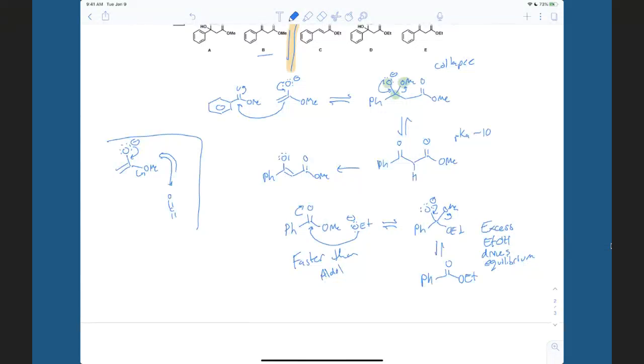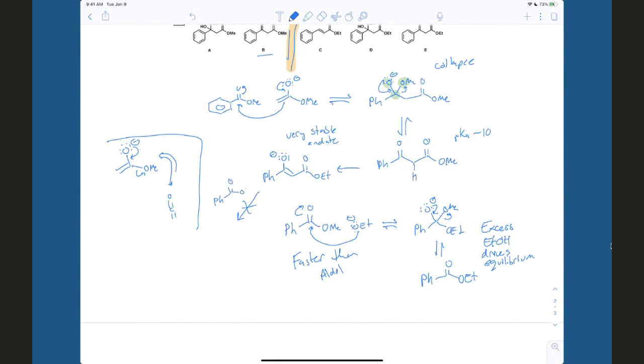And so at the end of the day, we won't have this methyl ester, right? We're going to end up having an ethyl ester here. And now we have a very stabilized enolate. And this will not be able to react again with another ester.